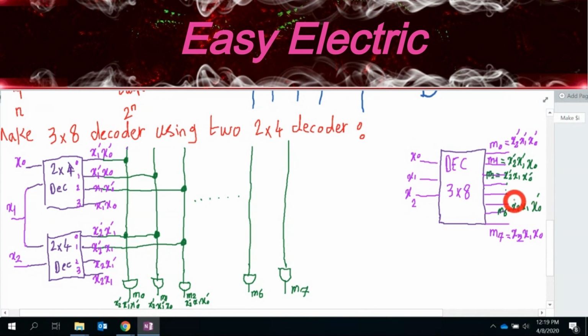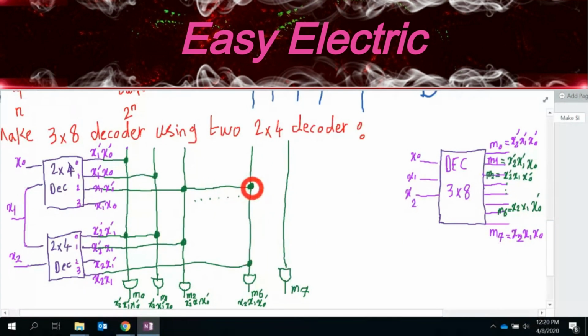So you have 1, 2, 4. 4 plus 2 is 6, so it should be 6, right? So back here, the first one should be X1, X0 prime. Where is the X1, X0 prime? It is this. So I'm going to connect this to this. What should be the next? X1, X2. Where is the X1, X2? It is here. So these give you M6, which is X2, X1, X0 prime, okay?